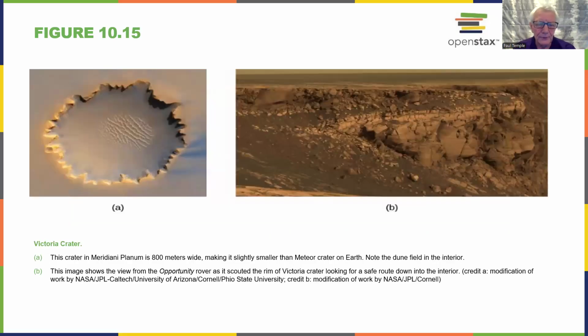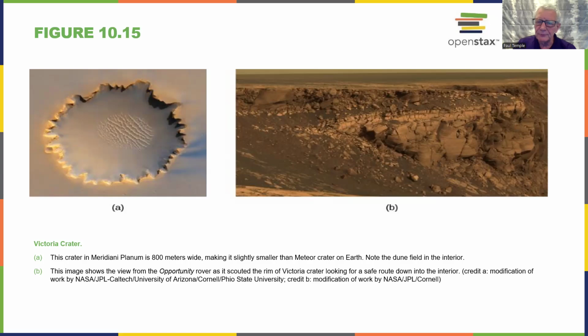So the crater in Meridiani Planum is 800 meters wide, making it slightly smaller than Meteor Crater on Earth. And note the dune field in the interior. Sands or blown dust have built up and shift around like a sand dune. Then the image shows the view from the Opportunity rover as it scouted the rim of Victoria Crater, looking for a safe route down into the interior.